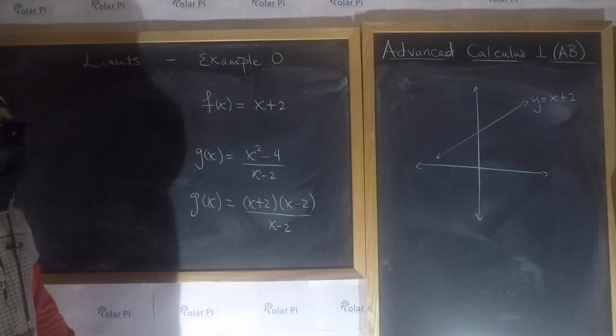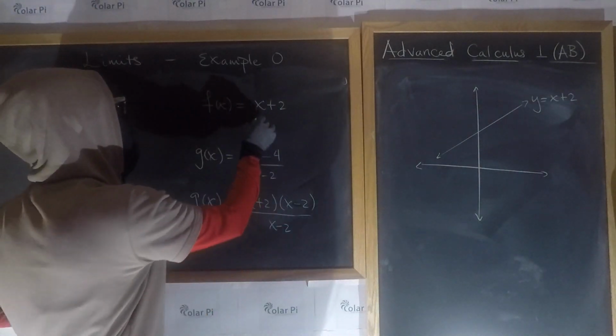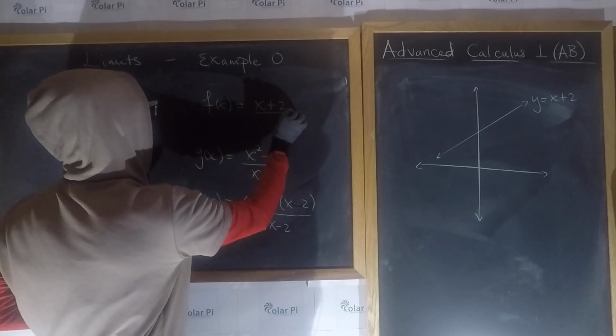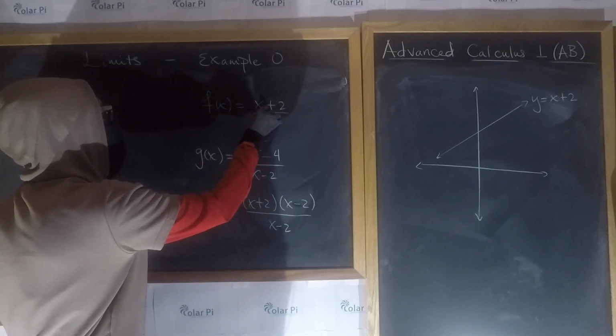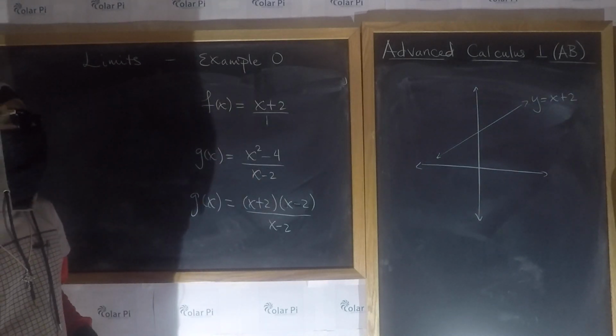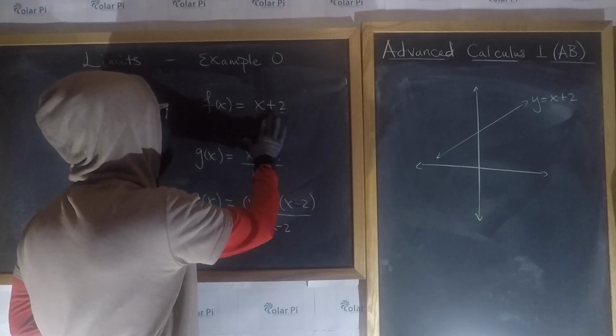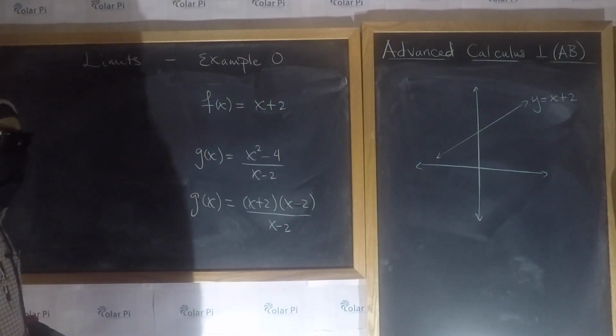And all I have done to create g from f is I wrote f of x as being over 1, right? And then I multiplied top and bottom by x minus 2. That's all I've done. I multiplied f by 1 to get g.